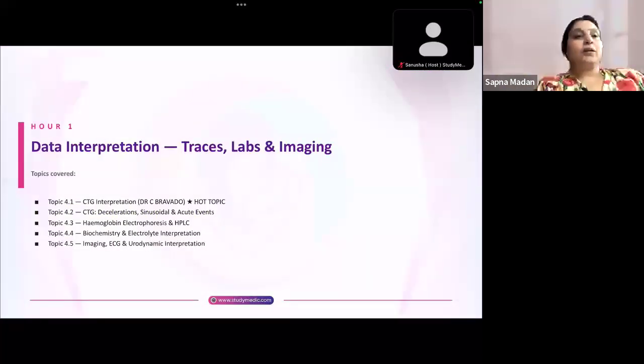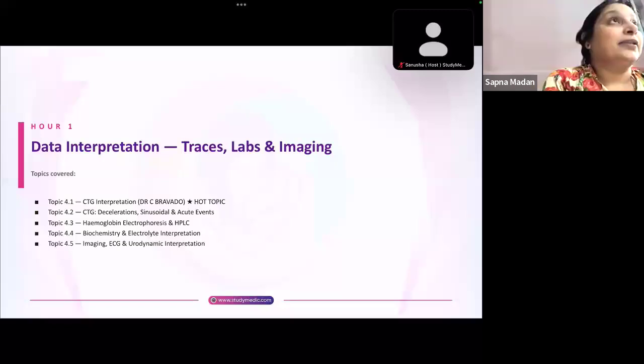What is important in data interpretation as far as traces are concerned, as far as lab results are concerned, and imaging is concerned, the most important part is CTG. Okay, so CTG is the hottest topic. And also there have been some changes in the guidelines probably a year and a half back. So that is why a lot of you are concerned about it. But really, it's not much of a change, and we will be discussing it.